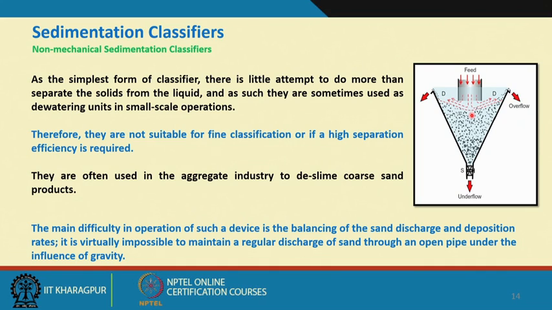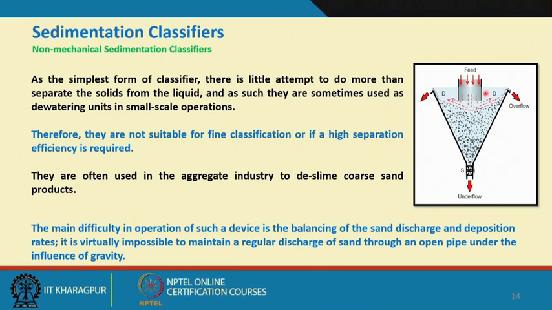Now, the very fine particles whose settling velocity is less than the upward rising velocity of the water will also be carried through this overflow water. So now I basically have a separation, with the overflow consisting of very fine particles in a large quantity of water.